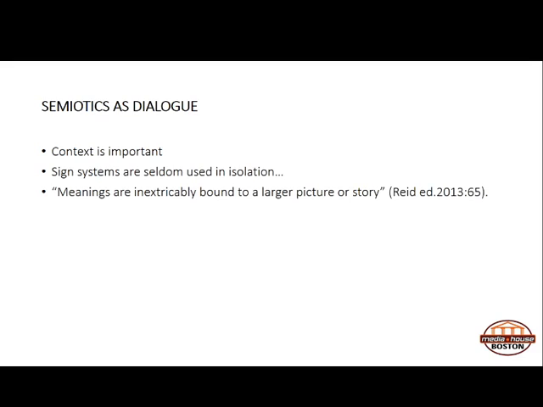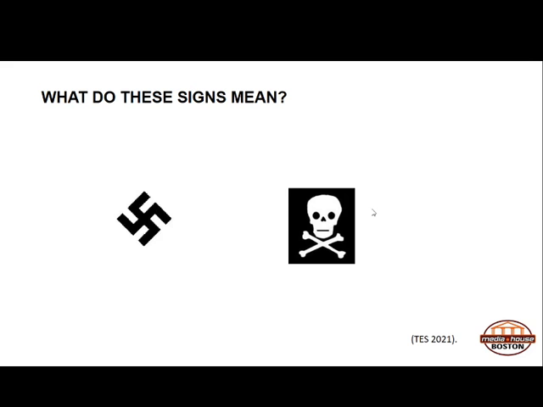in terms of semiotics as dialogue, context is very, very important. Your sign systems are hardly ever used in isolation. Okay? Meanings are inextricably bound to a larger picture or story, which is what we see here in this example, and in both of these examples your context is very different.